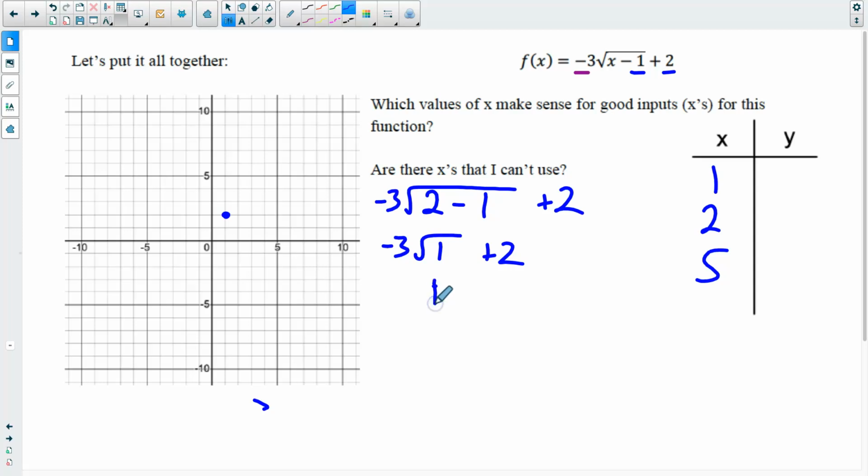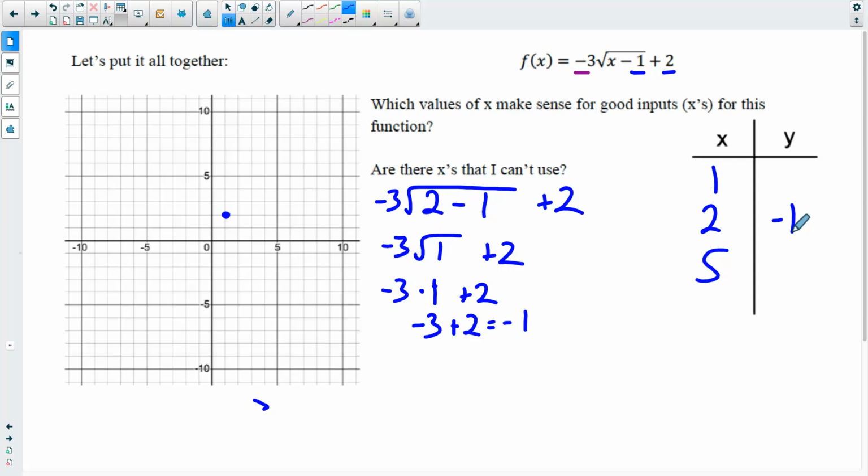So this gives me 1 times negative 3 plus 2. The reason that works is because that's actually an exponent, right? The square root is the same as the 1/2 power. We got that in our last unit. So this gives me negative 3 plus 2, which gives me negative 1. That was our middle point.